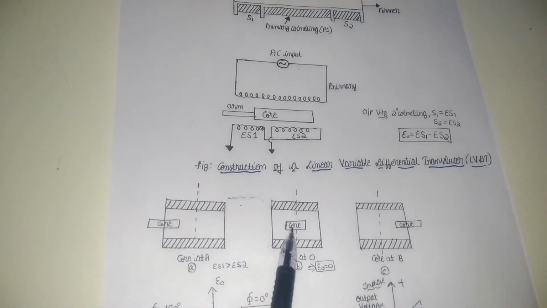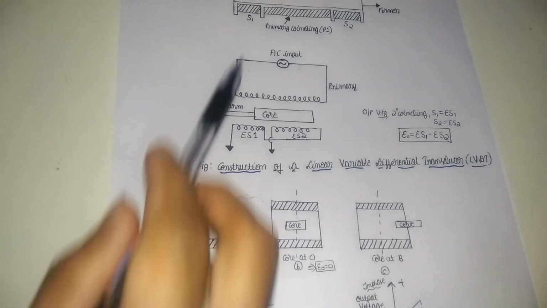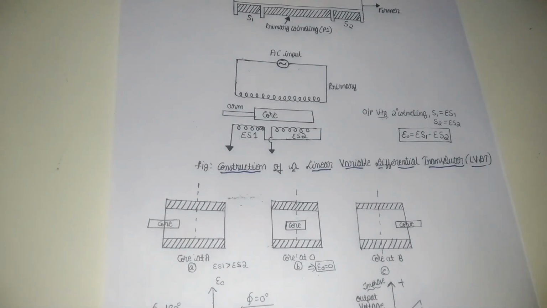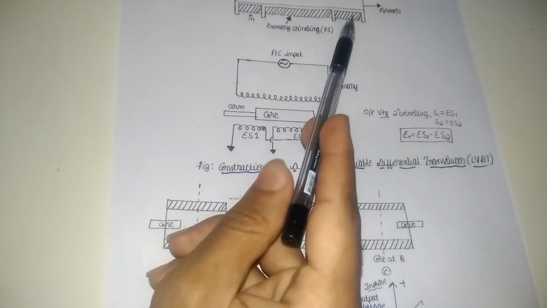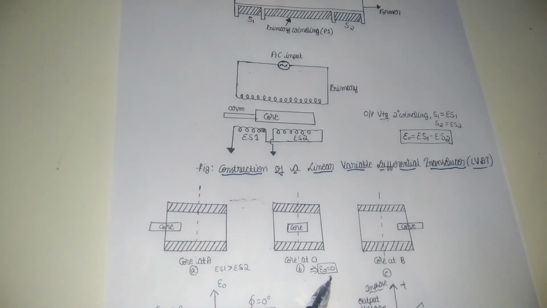See, when the core is placed at the center of the cylindrical former, this position is known as the null position. When the core is in the null position, both S1 and S2 have the same flux linking, and hence the electromotive force induced is equal.